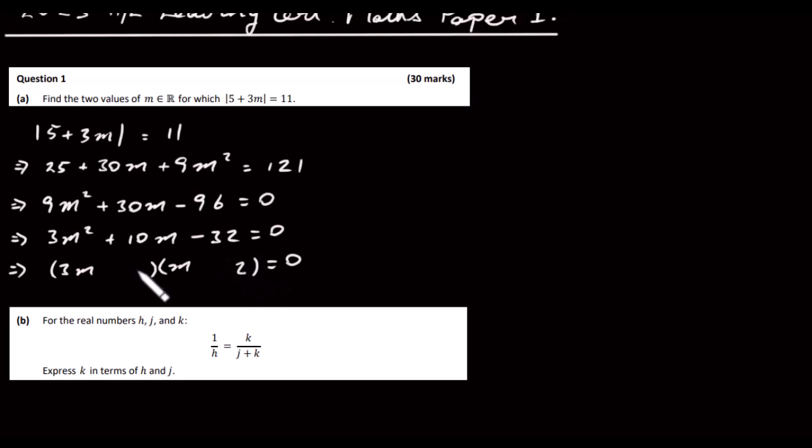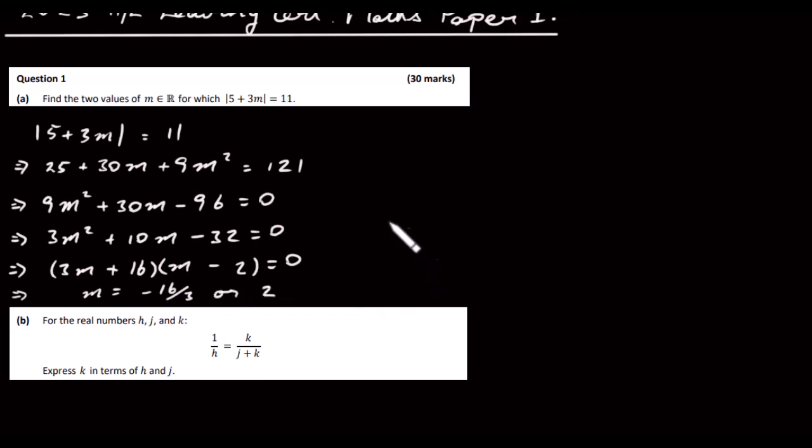So if I put 2 there, put 16 here, I need a minus, so it's going to be plus times minus. I want the bigger one to be plus here. So I want the 16 to be plus and the 2 here to be minus. That gives me m is equal to minus 16 over 3, or m is equal to 2.